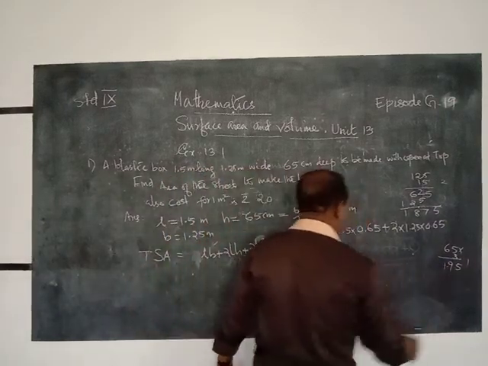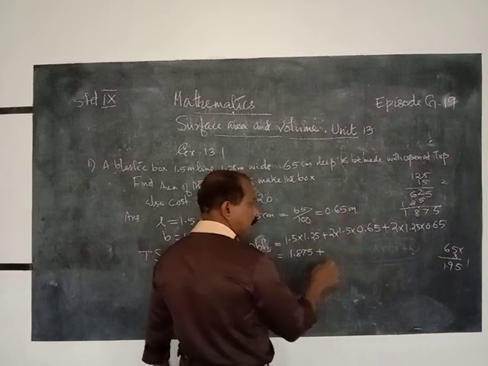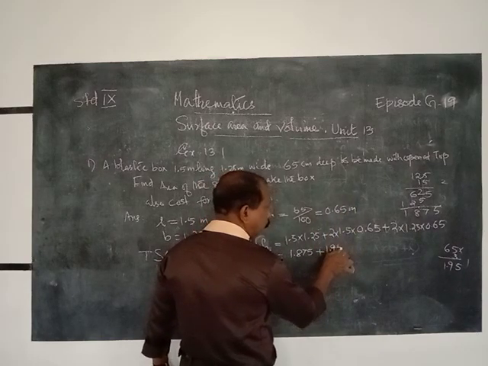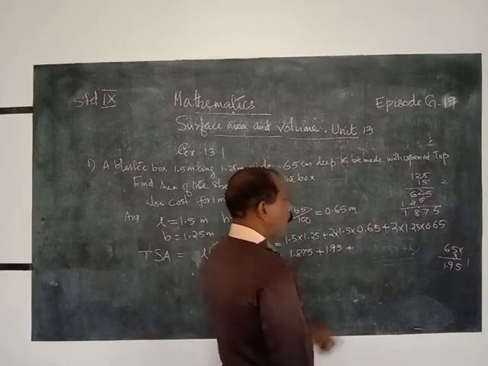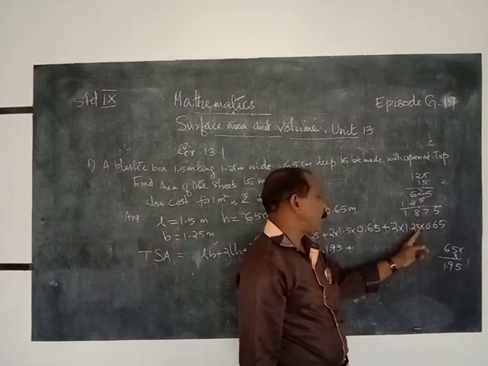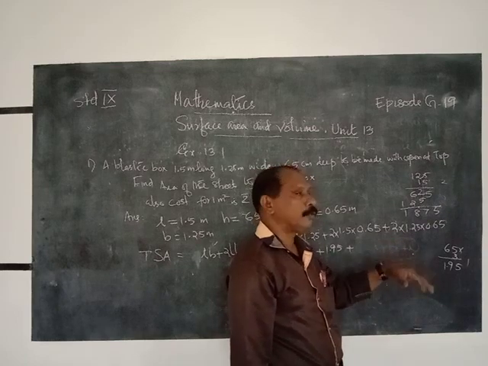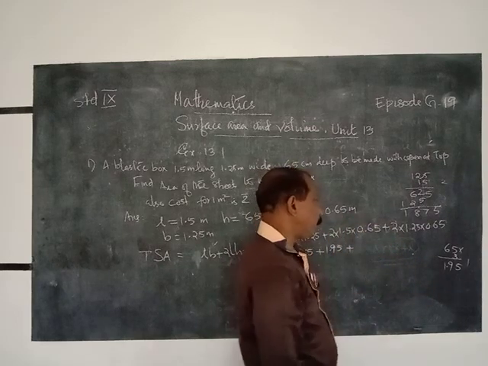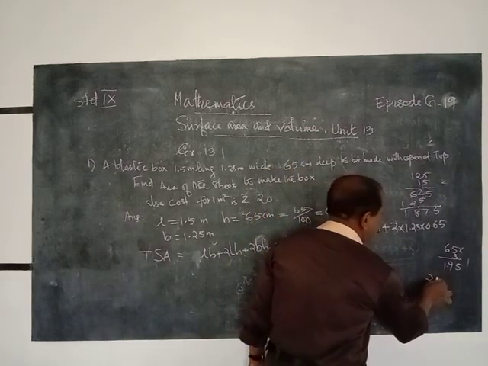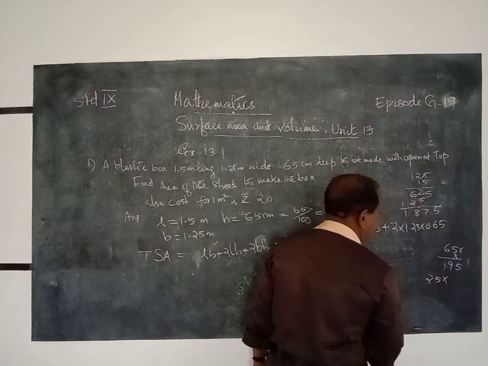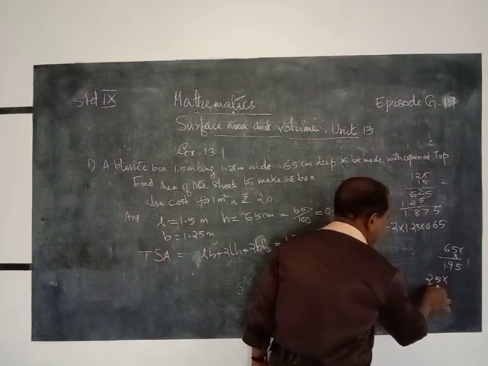That is 1.95 plus 1.25 into 2 means 2.5. 2.5 into 65.